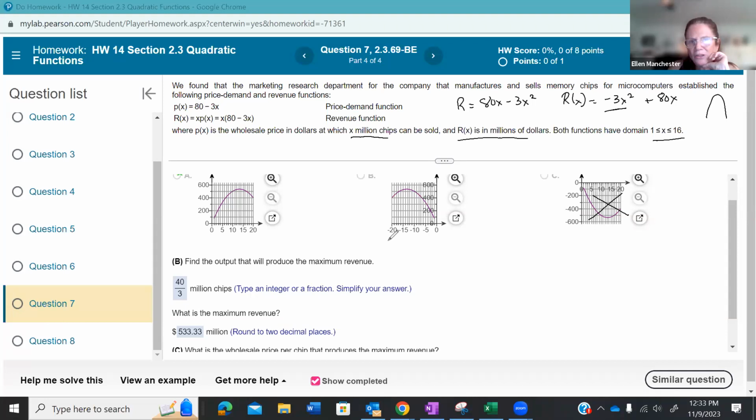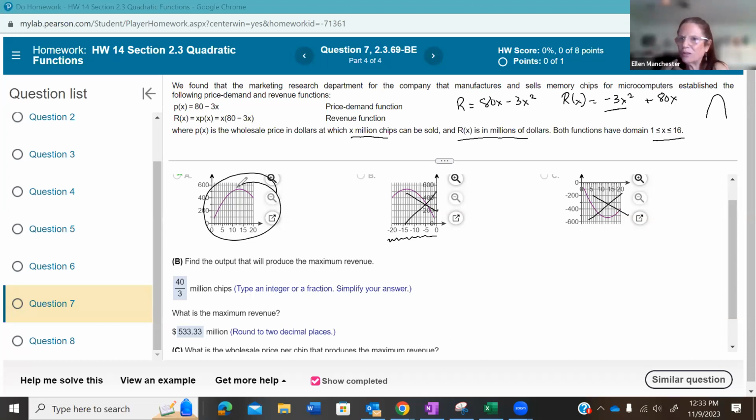Do you see B? Look at these numbers right here. Those are negative values. You can't have negative revenue. It doesn't make any sense at all. This is saying when you have negative 10 products, you have a revenue of 50,000 or 500,000. So that one has to be out. So your only answer can be this one. So sometimes you don't even have to graph it. Sometimes you can just look at the graphs and logically walk it through.